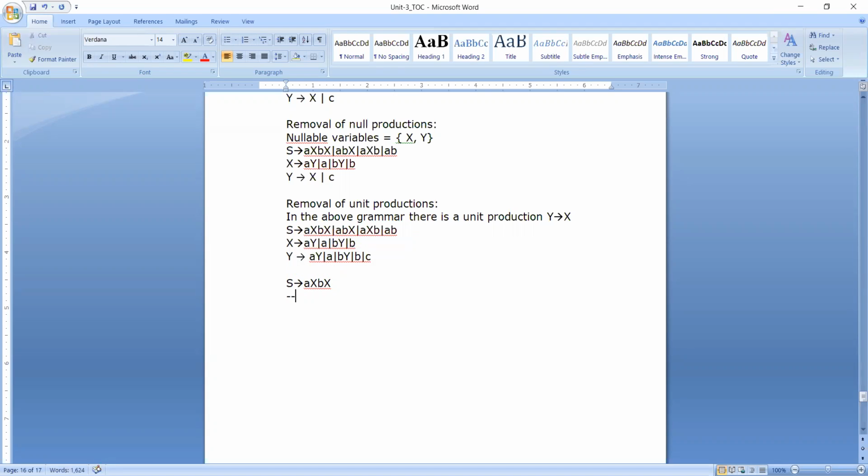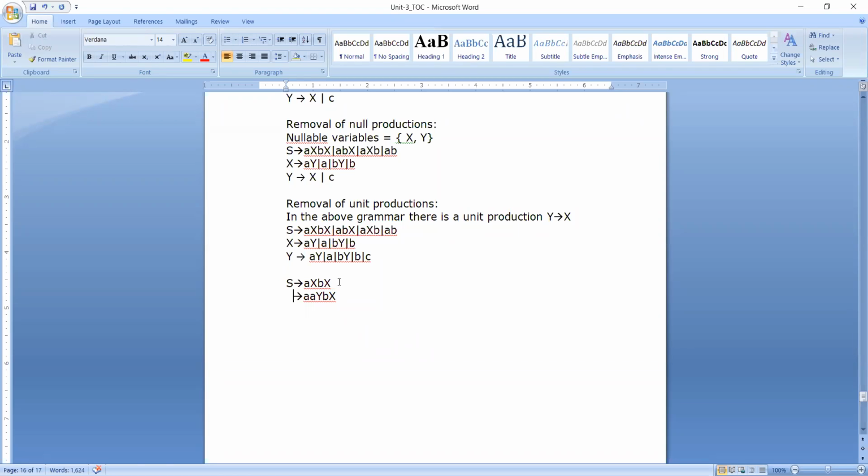You can see here, I am going to replace this X production with the production small a capital Y, and then this will be small b capital X. Now please observe, from S, is it possible for us to reach Y or not? This time we are not able to reach it directly, but we are able to reach this variable Y indirectly. That is also something we need to consider.